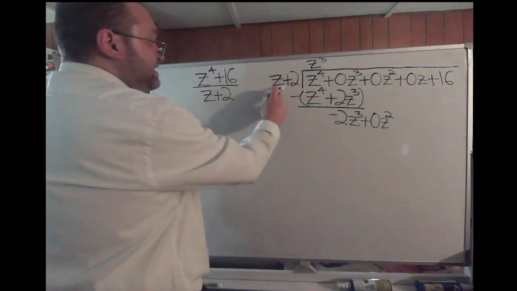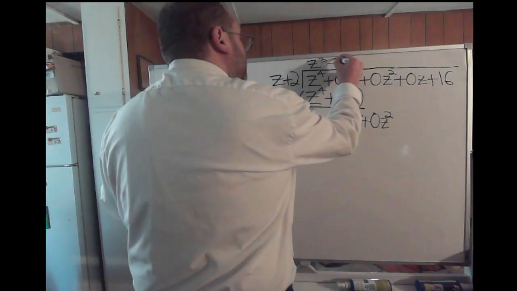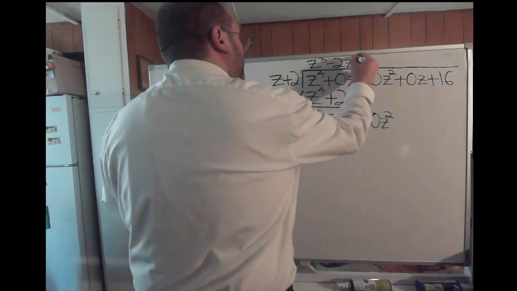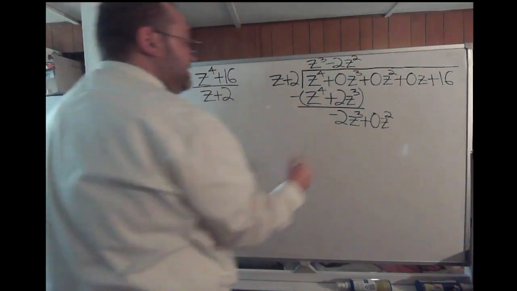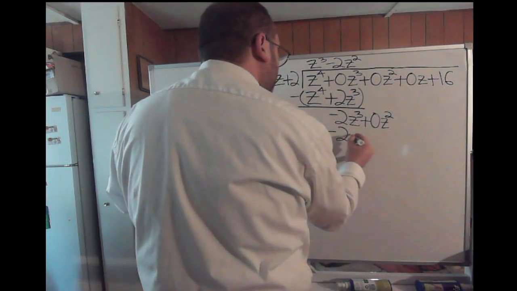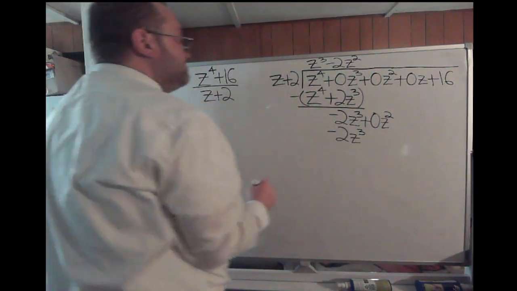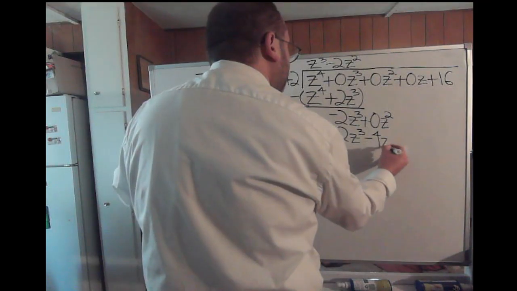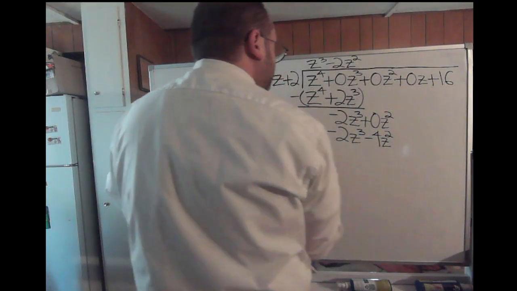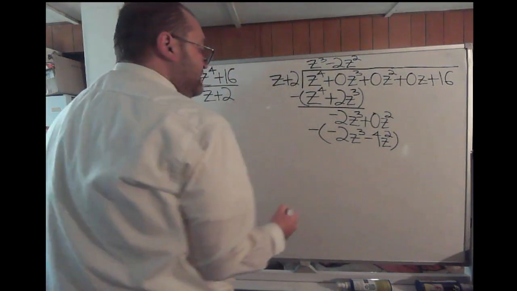Okay, z times what equals negative 2z to the third? That'd be negative 2z to the second. Now negative 2z to the second times z, that'd be negative 2z to the third. And then negative 2z to the second times positive 2, that'd be negative 4z to the second. So now subtract the whole quantity of what you just got from the dividend.